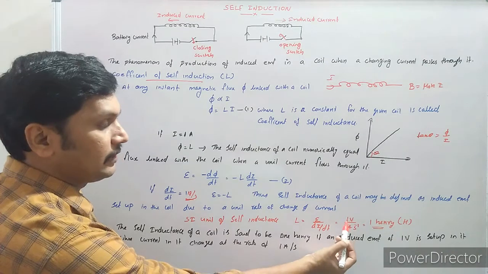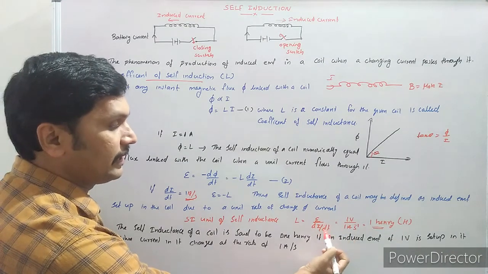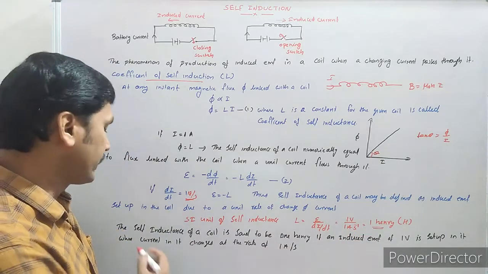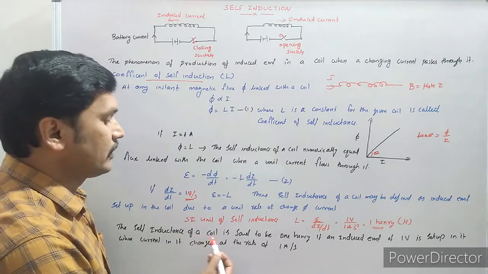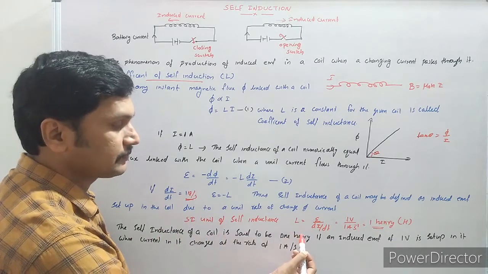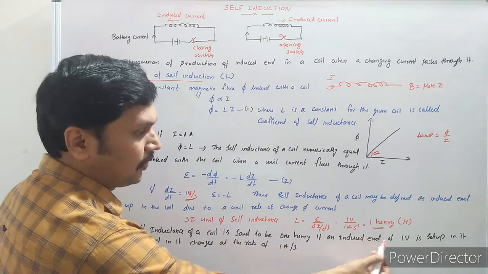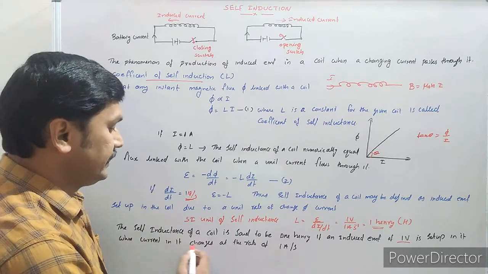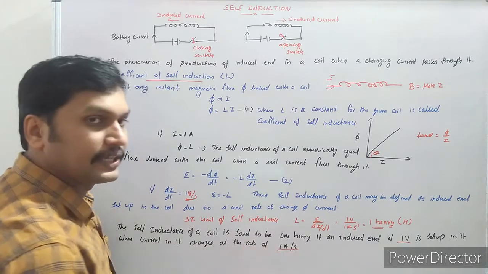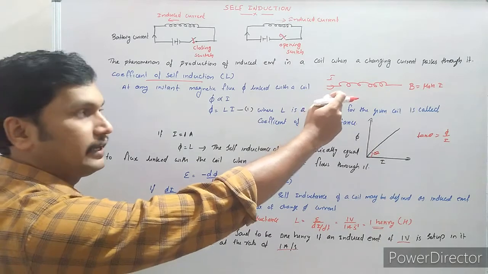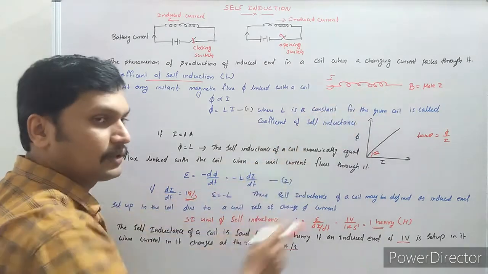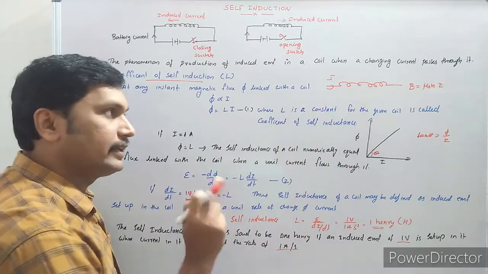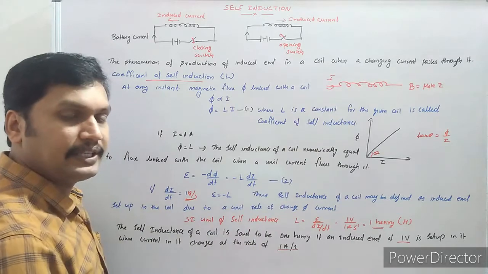You see that when E is equal to 1 volt and di by dt is equal to 1 ampere per second, L is equal to 1 Henry. If the current through a solenoid or a coil changes at a rate of 1 ampere per second and 1 volt is induced in that coil, then we can say the self-inductance of that coil is 1 Henry.